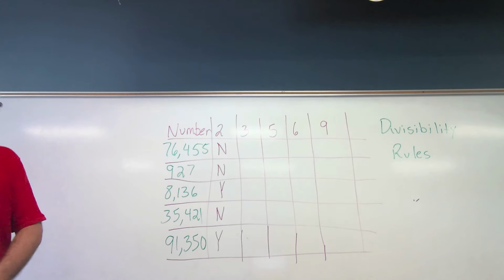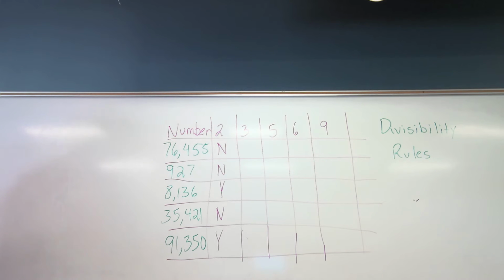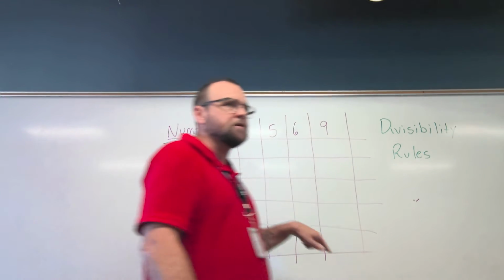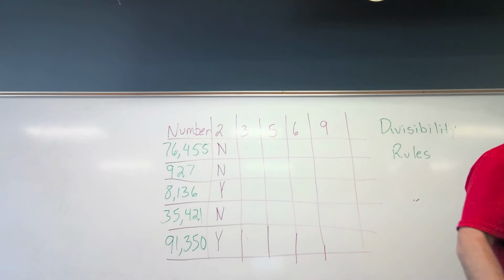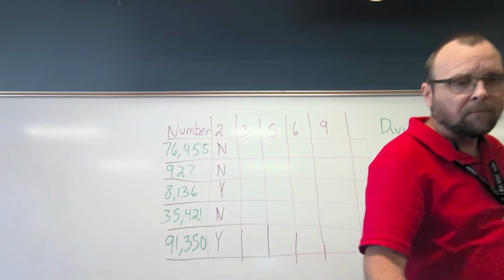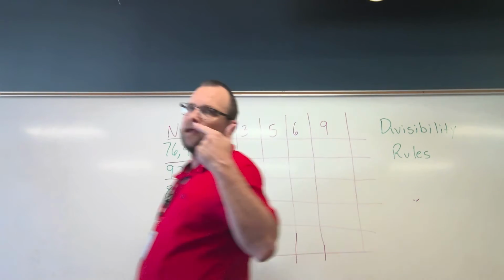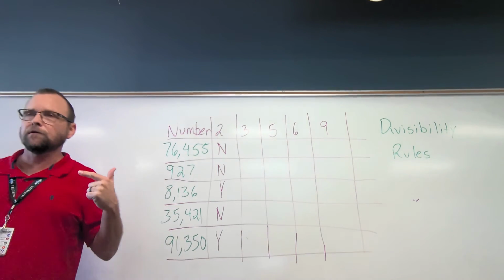Emma, will you tell me the rule for 3? The sum of the digits is divisible by 3. When you hear the word sum, Azzy, what does that make you think you have to do?